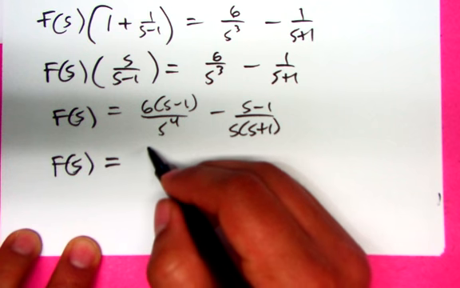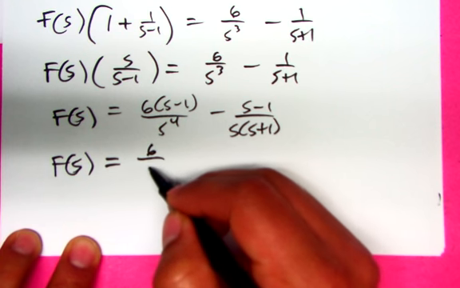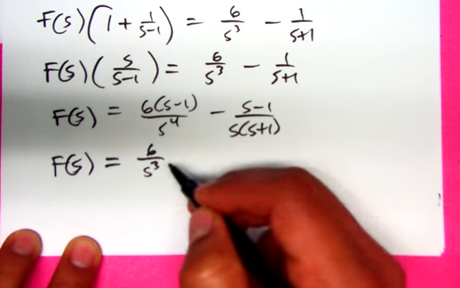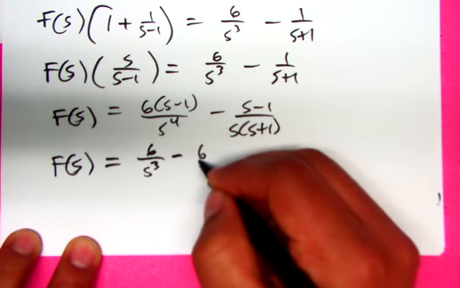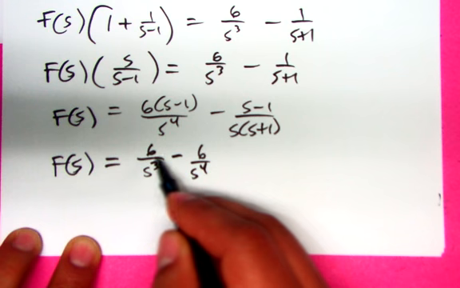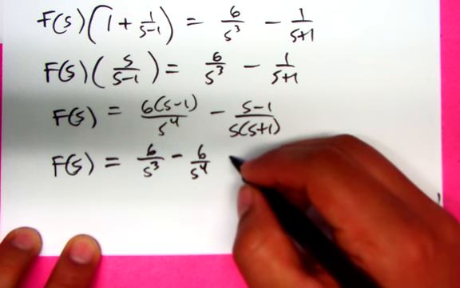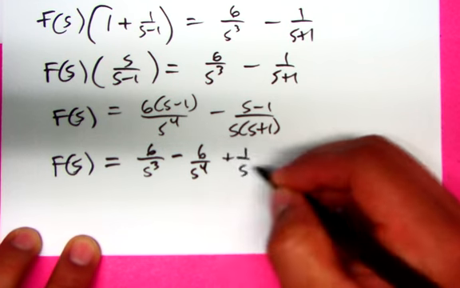We can separate this as 6s over s to the 4, in other words, 6 over s cubed minus 6 over s to the 4. I'm distributing the 6 and splitting up the fraction into two separate ones here. And then I'll do the same here. So this will be plus 1 over s.